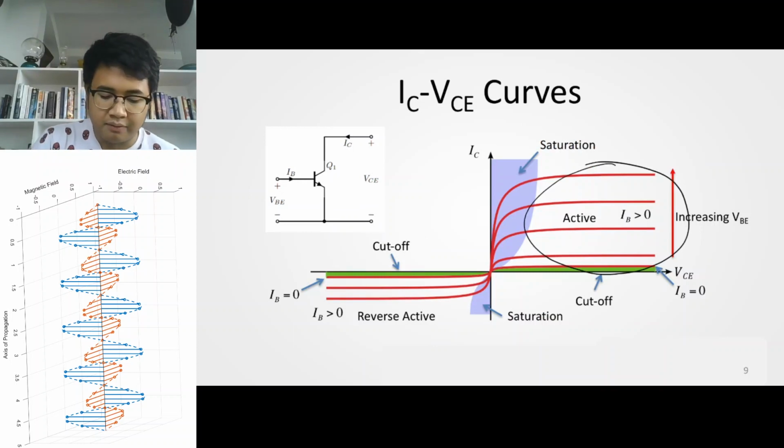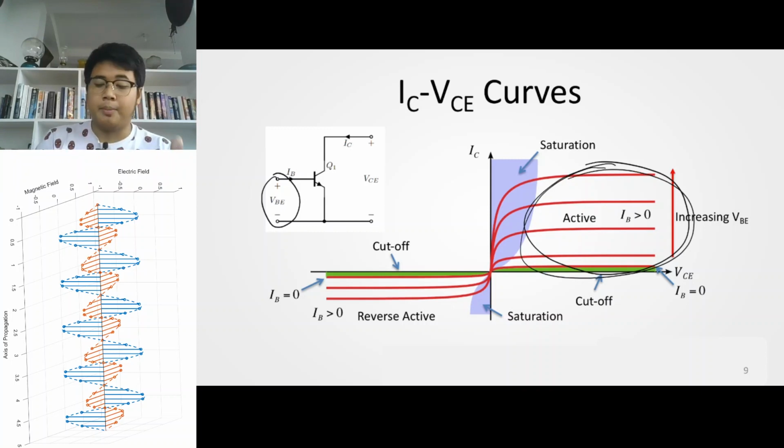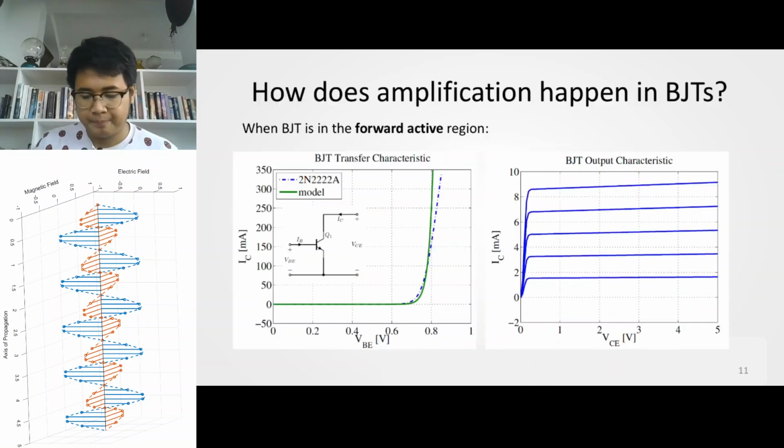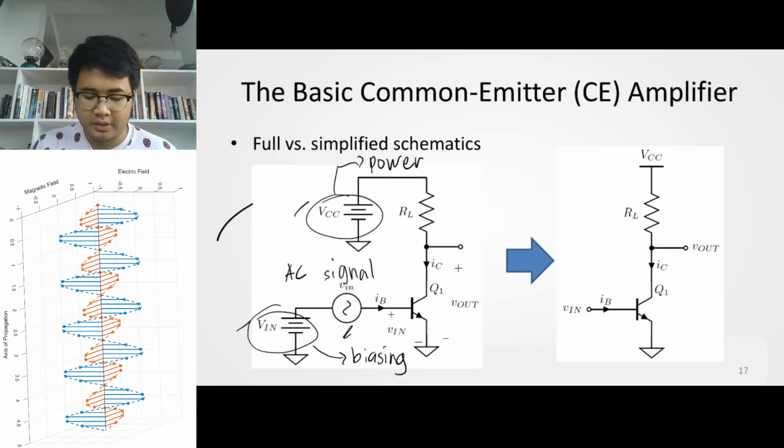The value of Vin will define the value of VBE, which will define what region of the BJT you will operate in. So that's the purpose of the DC voltage Vin.